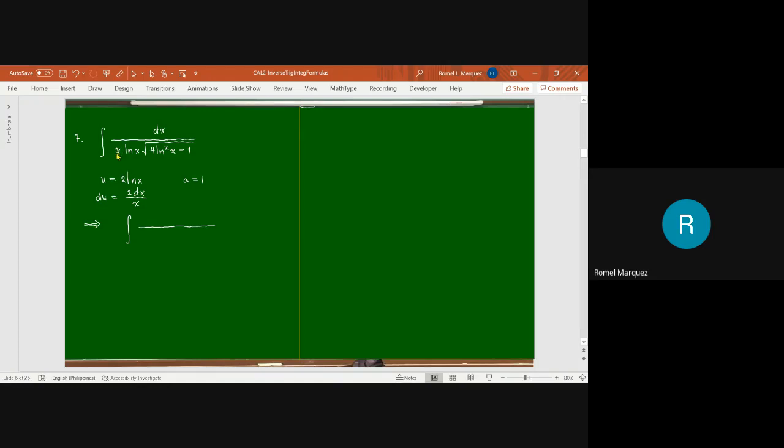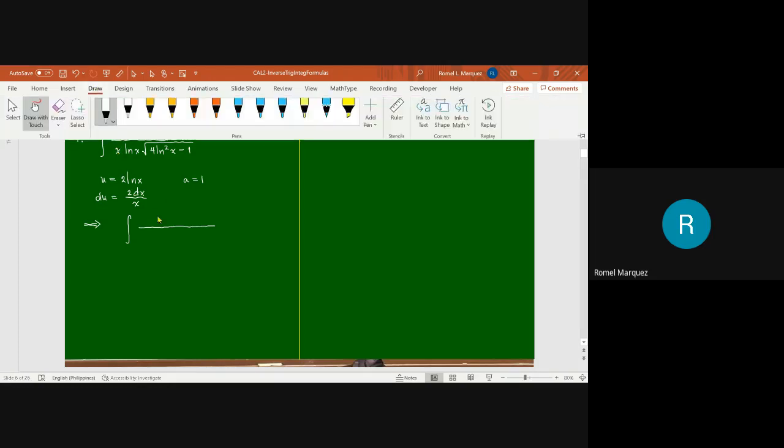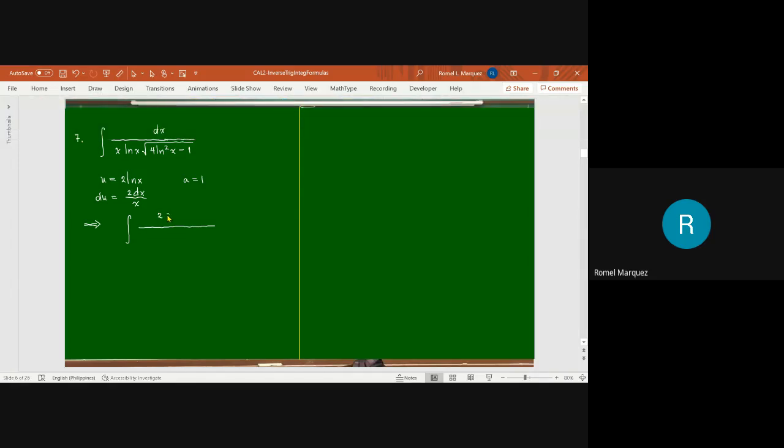Actually, all we have to do is to put this x above, but in the denominator. So we have 2, then dx over x. Now this dx over x, I put that here. But what we need in the numerator, in the denominator, we need also 2. So I put a 2, then copy ln x.